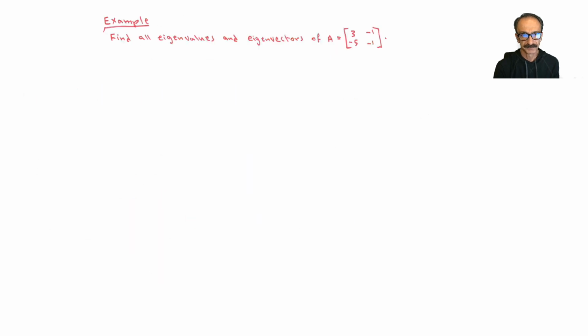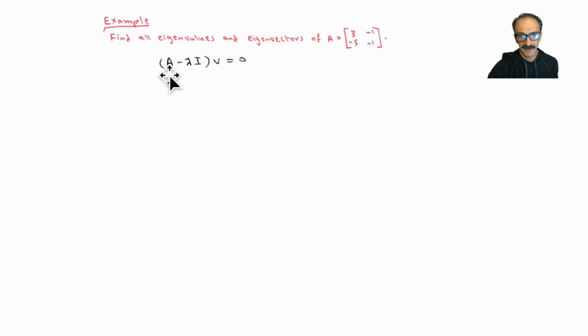Example: find all eigenvalues and eigenvectors of A equals 3, -1, -5, -1. This is the first example that we take, so I'm gonna slow down and show all the steps. You'll be skipping those beginning steps in the coming examples.